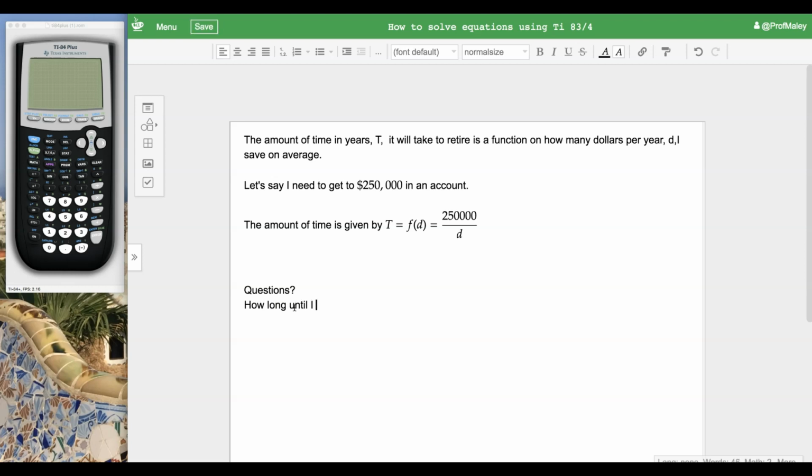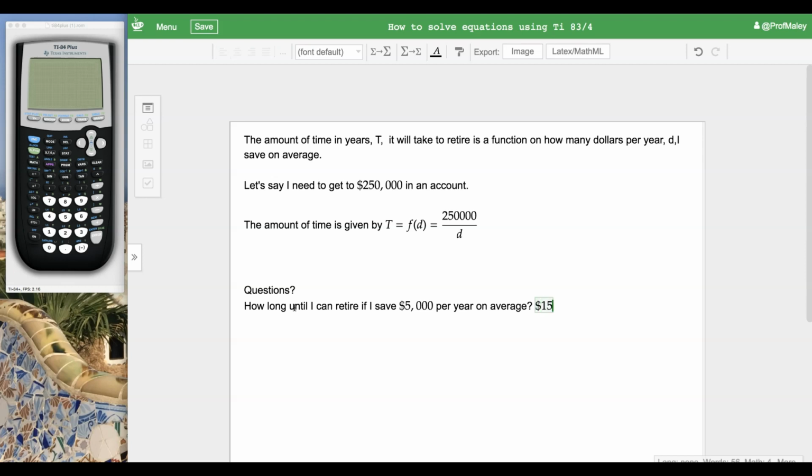How long until I can retire if I save, let's say, $5,000 per year on average? And let's say, what if we jack that up to 15,000? Which I believe somewhere around 15,000 is the most you can put into a 401k each year before having to open a new account.